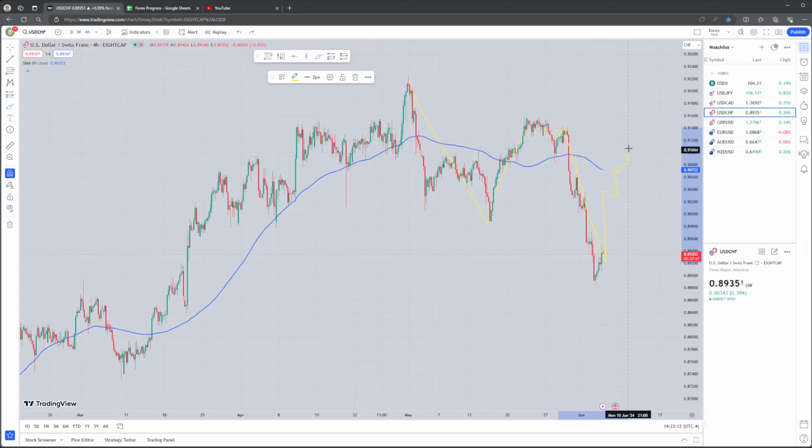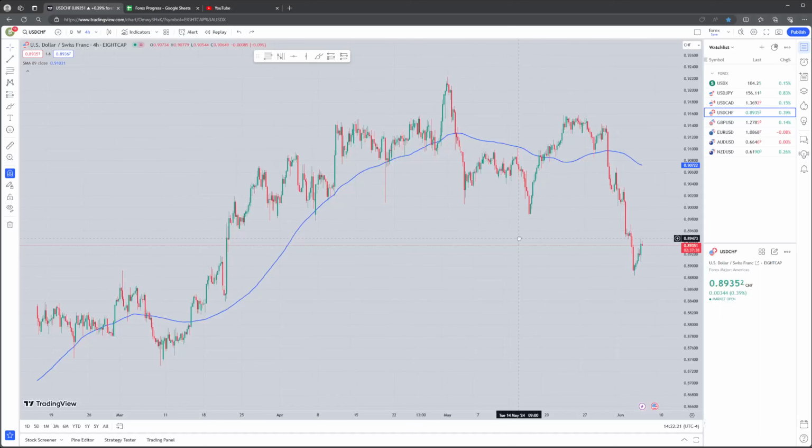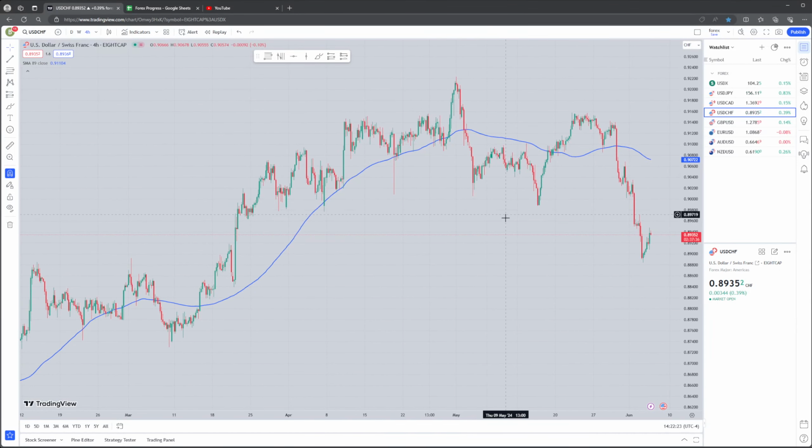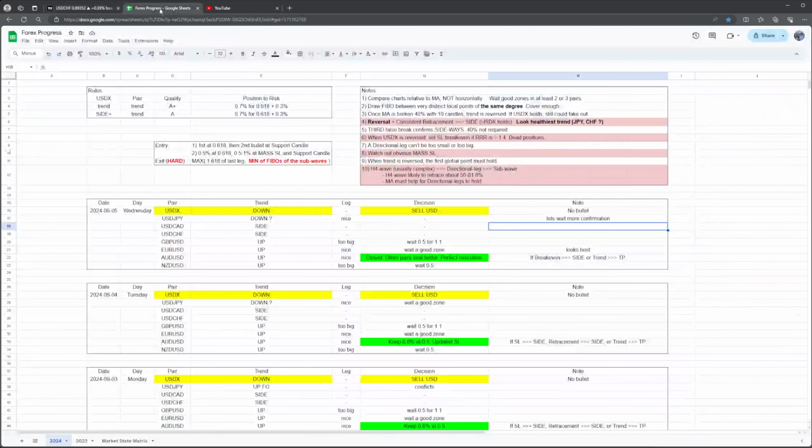It's a perfect indication of sideways action, and I'm assuming sideways movement like this. So no trend, no trade. So let's write it down. USD Swiss franc: the market is doing sideways, no trend, and we're going to do nothing.